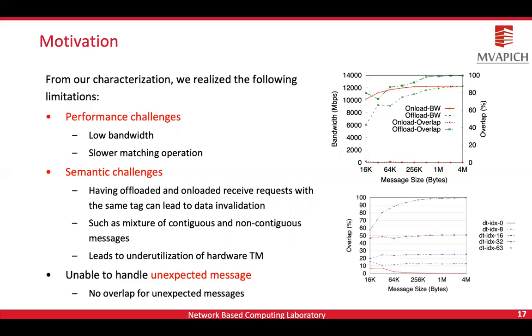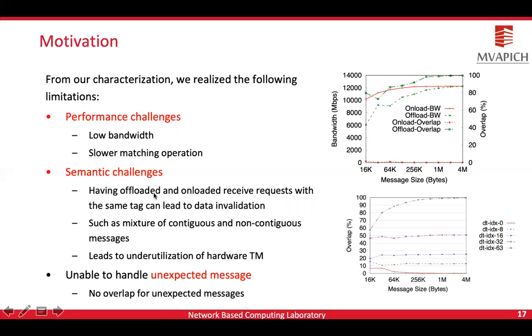Here we would like to talk about the motivations for this research. From our previous work in CCGrid 20, we have realized several shortcomings of hardware tag matching. One of the shortcomings is related to performance challenges. As I'm showing in this figure, you can see that the bandwidth of the offloaded receive requests is lower than the CPU-based receive request handling.